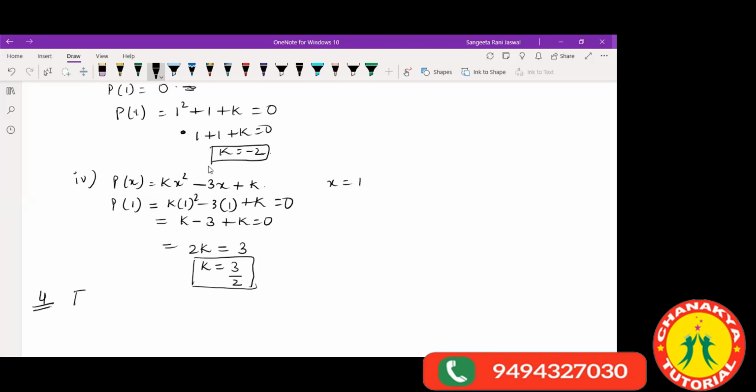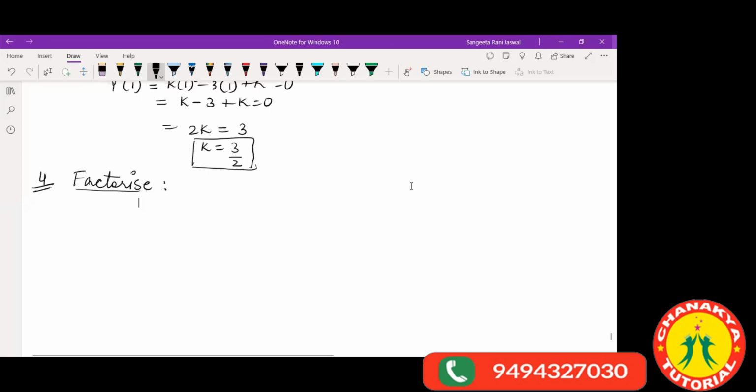Now the next one is factorize. This is the same kind of factorization that you have studied in your class 8 factorization chapter. Splitting the middle term and all. So let's take the first one in this case. That's 12x square minus 7x plus 1.